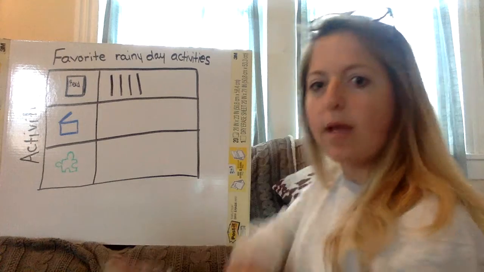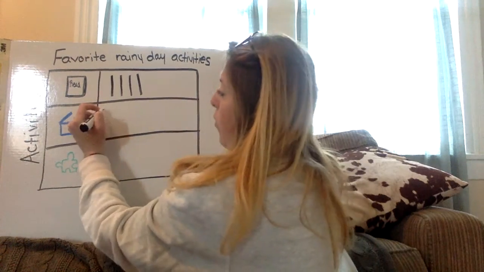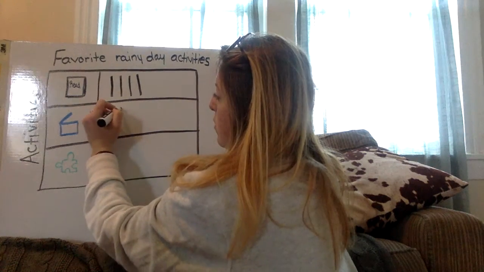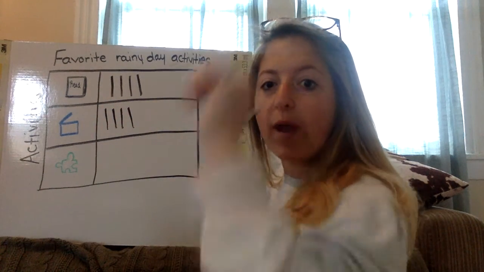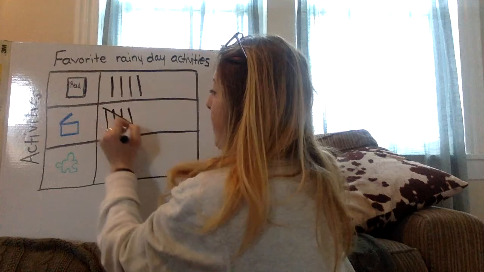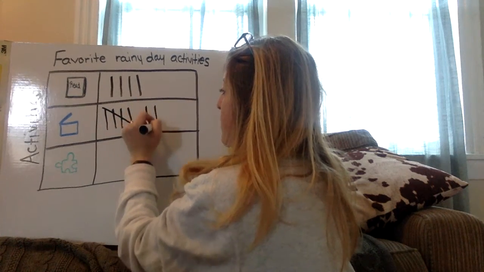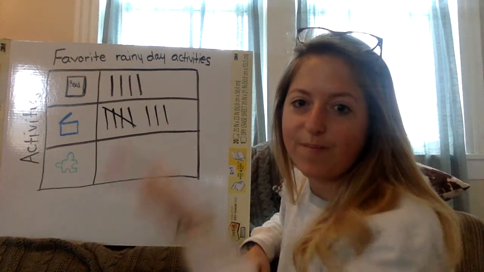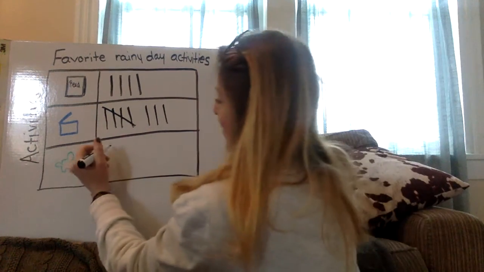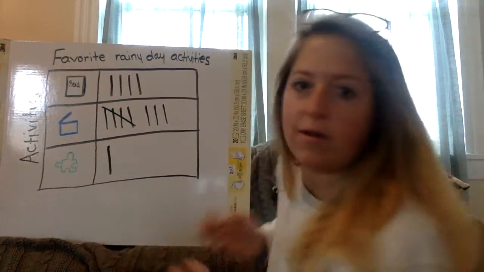It must run in the family. So I'm going to do my one, two, three, four, but at five we do the diagonal line. So I have five, six, seven, eight. And puzzles, who likes to do puzzles? Me. So I'm just going to have one little tally mark.